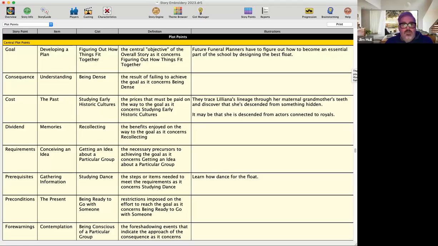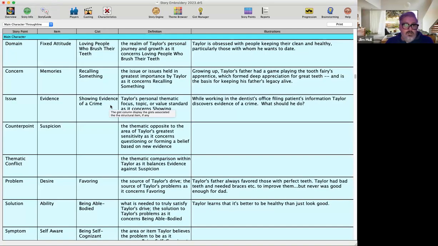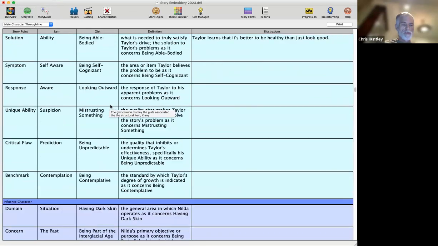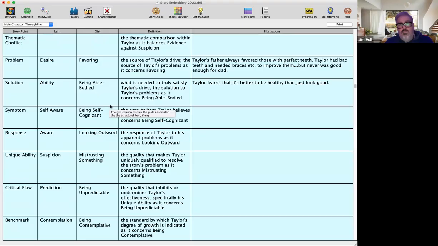I will do main character critical flaw of prediction, being unpredictable. So, as the Tooth Fairy's apprentice, he's convinced that he can predict what would be the best kind of float at the end based on people's dental hygiene habits.